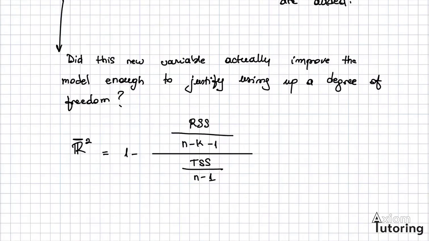This formula scales unexplained variation by its degrees of freedom. So n is the number of observations, k is the number of variables in your regression, and 1 is for the constant.